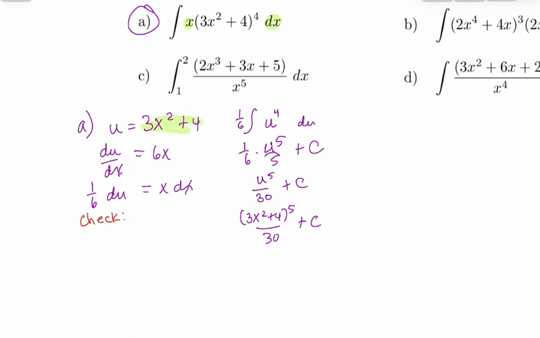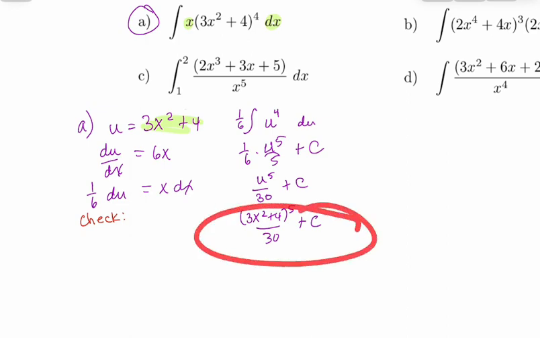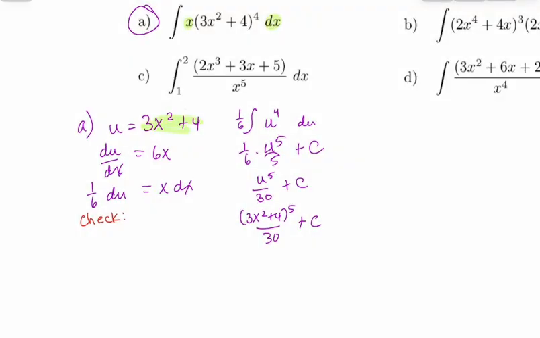So if I do the derivative of that, the 5 drops down in front. The stuff stays there. The power goes down by 1. We multiply by the derivative of the inside.